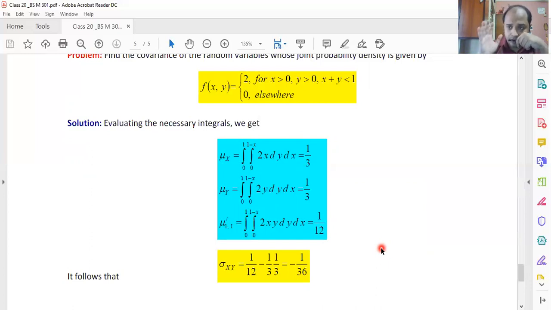So the mathematical analysis part is complete. Now we are going to apply it in practical situations. Mathematical analysis will still be there, but I will discuss something which is actually part of applied statistics.